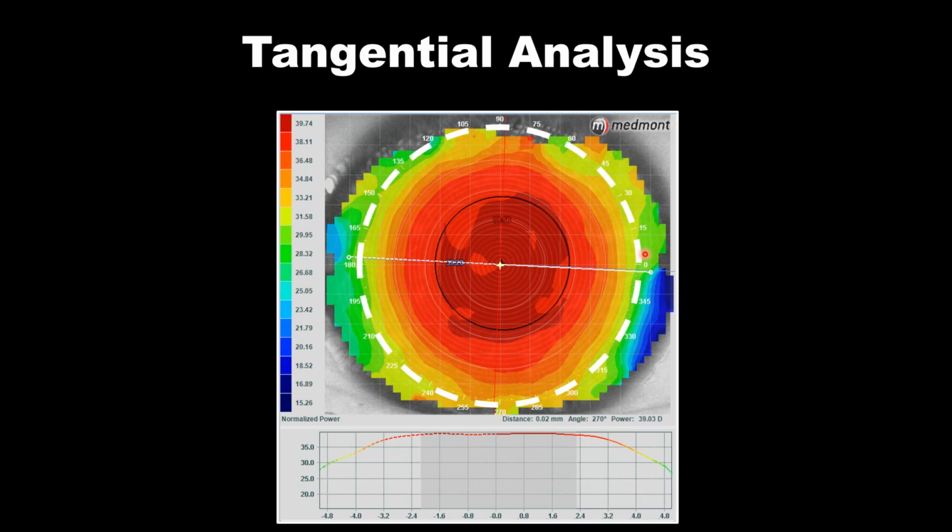Those are the things we're looking for to understand, is that likely to negatively affect the centration of our lens? Tangential maps are also used in keratoconic patients to understand the position of the cone, the size of the cone, the shape of the cone. So tangential is used for shape analysis.